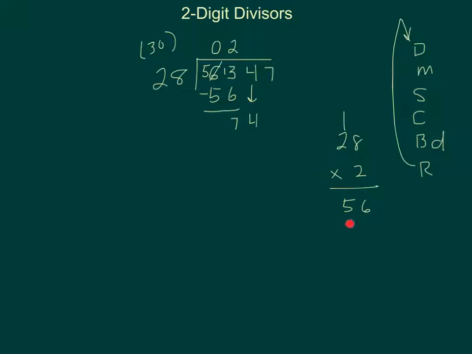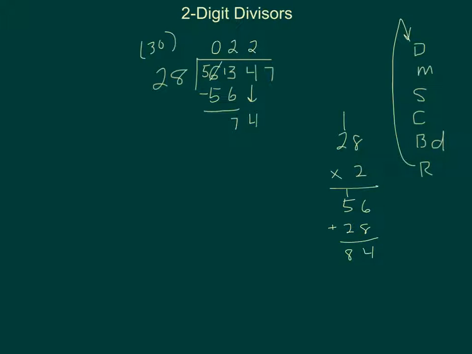We already did this problem over here. We can think to ourselves, could I get another group of 28 added on to 56 and still be less than 74? If I'm not sure, I can always add it on. 56 plus 28 is 84. That's too big. That doesn't work. So we're going to stick with 2.